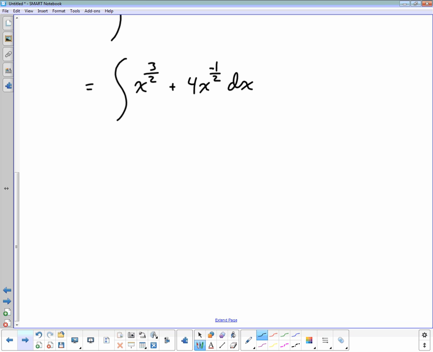Now we can take the integral of both. So I take this guy, I add 1 to my exponent, which becomes 5 over 2. And what do I have to put out in front? 2 over 5, right?